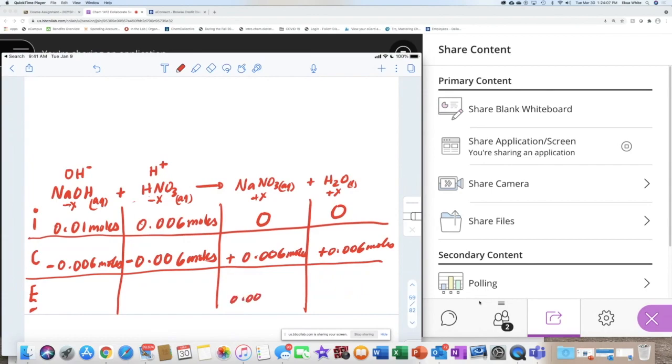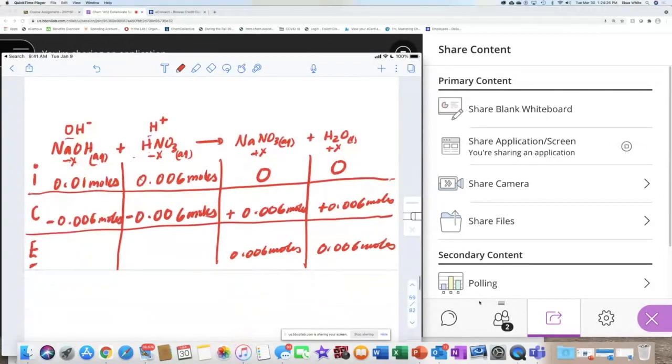We have 0.006 moles right there. But does anybody care how much water got made? No. Does anybody care how much salt got made? No. What we care about is which one of these is present in excess. As you can see, once we add 30 milliliters of nitric acid, this runs out completely.